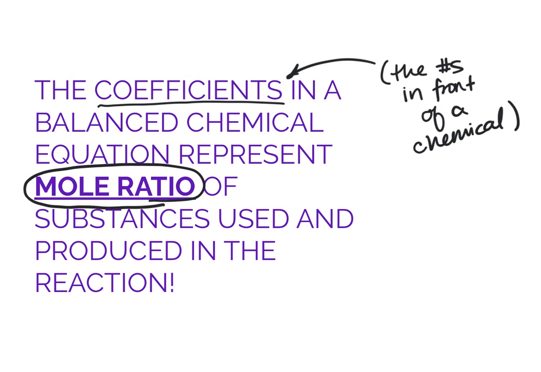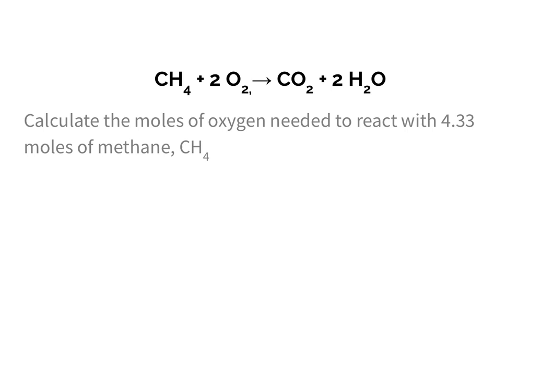So what does that mean? If I look at a balanced chemical equation, such as the one that we see here, okay? If I look at this and I know that this technically has a 1 here, and this technically has a 1 here, I'm going to go through and highlight these numbers because these are important. Okay, we're just kind of highlighting these numbers here out in front, our coefficients.